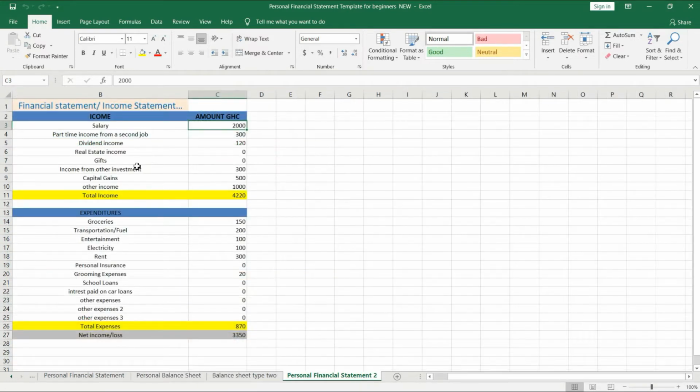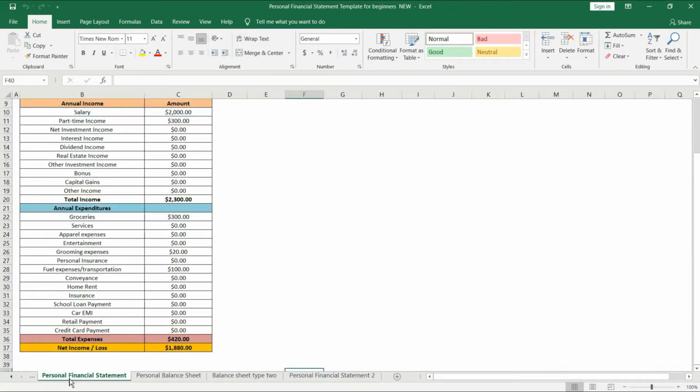Now when you see this personal financial statement, this is not what we want to use. Even the currency in here is in dollars, though it doesn't mean you can't use it. If you understand it, fine, you can use it. But what I would like you to use is these last two.